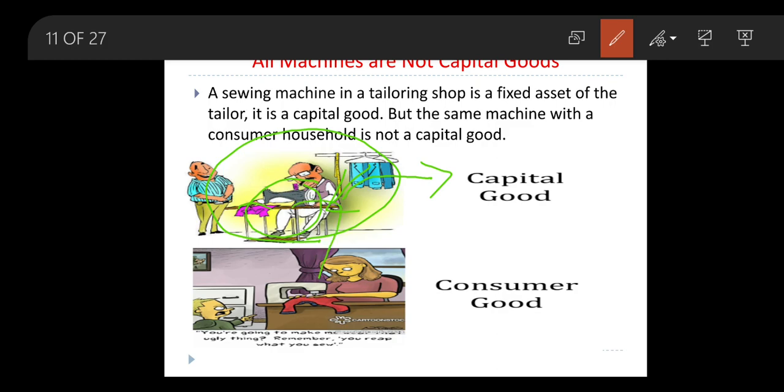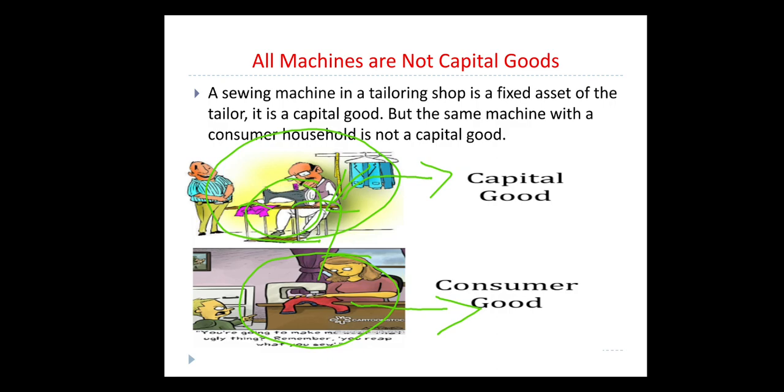But if the same machine is used at the household level for household purposes and not for earning profit, then it is a consumer good and not a capital good. Remember, if a machine is used to earn profit, then it is a capital good. If a machine is not used to earn profit, then it is not a capital good. Hope you're clear about this.